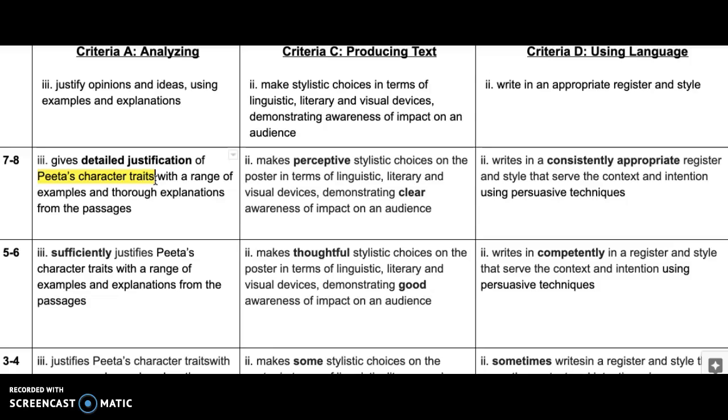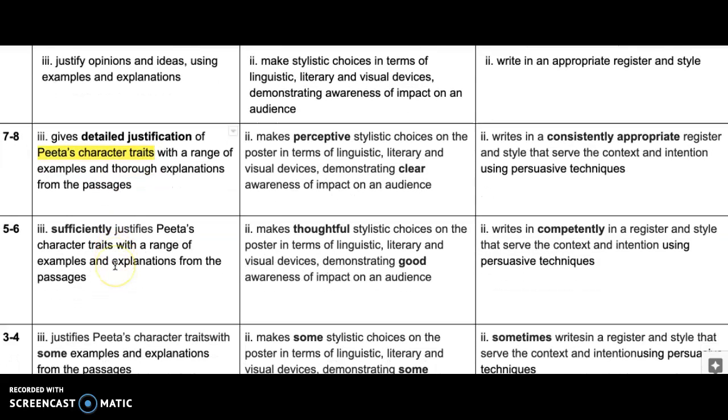But for this analyzing, it's specifically the parts of the sentences where you drew your conclusion about a character trait, and then gave a range of examples and thorough explanations from the passages, which was when you made inferences from the passages. So highlight that so you can remember the analyzing. It was the part where you were making inferences and drawing conclusions.